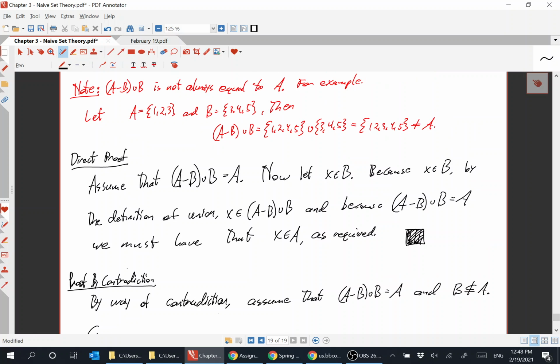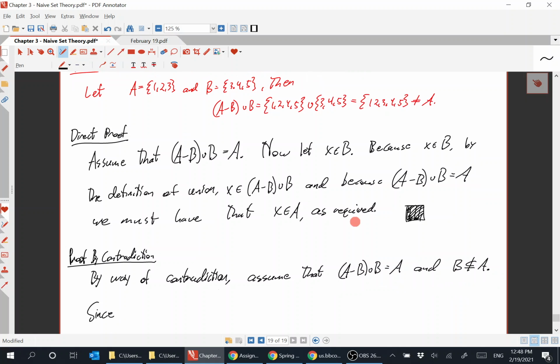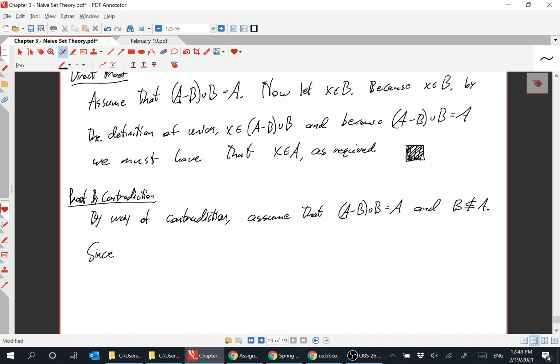In a direct proof, you're only assuming one thing: the hypothesis is true, and you work from there. Here you're assuming two things: the hypothesis is true and the conclusion is false. So you've got more stuff to work with, although what you're aiming for is not as clear. So sometimes proofs by contradiction are easier.